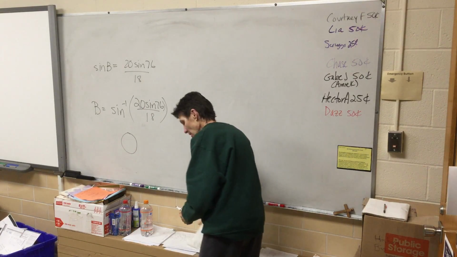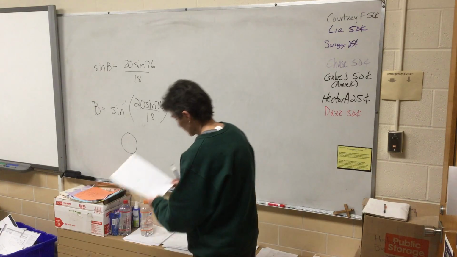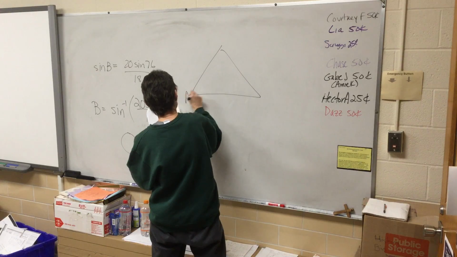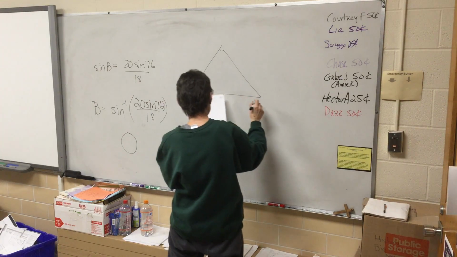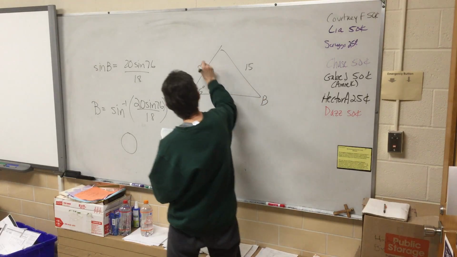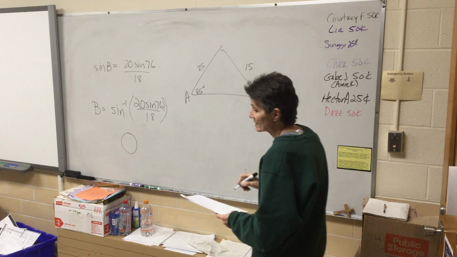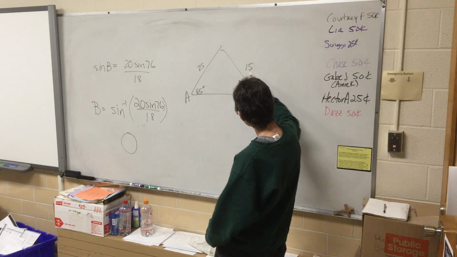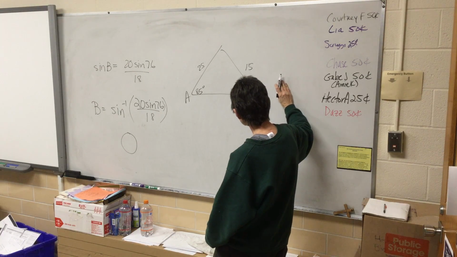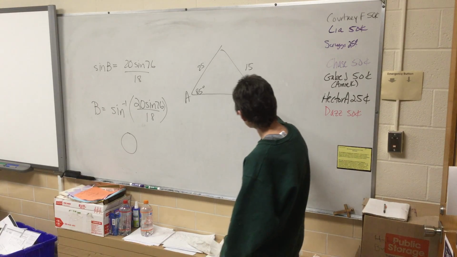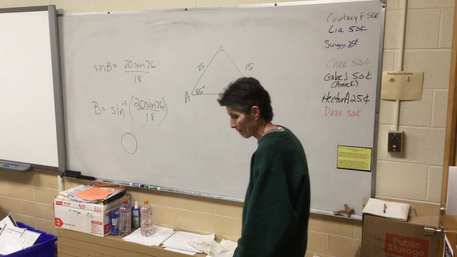All right, let's try C. Again, make sure you set up your triangle with things in the right spot. I mean, 15 has to be across from 85, and 25 is across from angle B, which I don't know what angle B is.